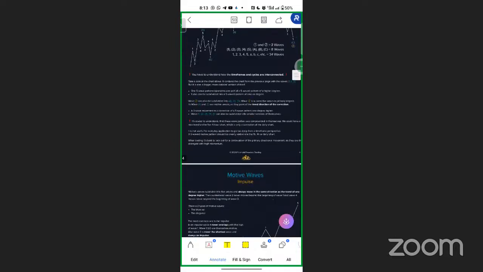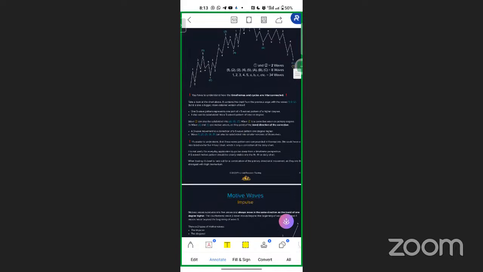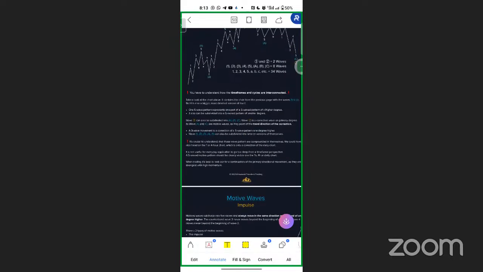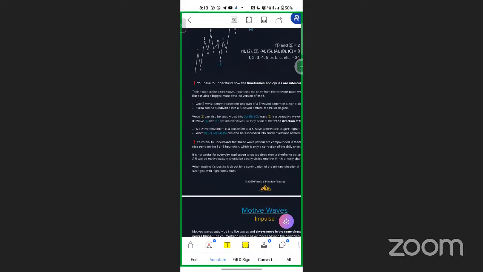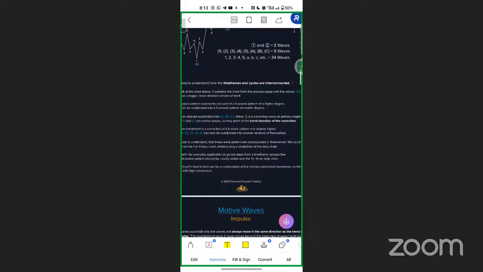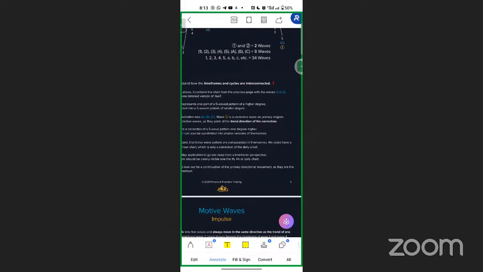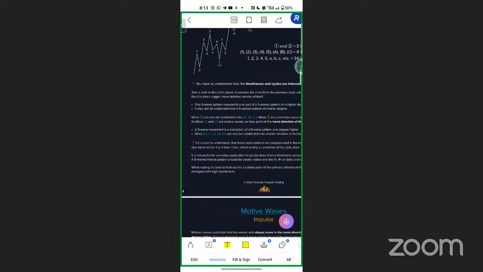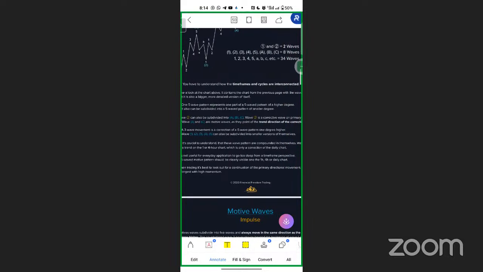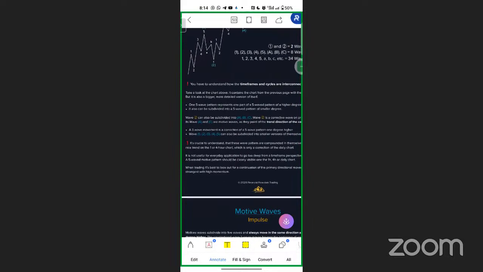I'm not going to go into all this, but I'll just read through. It is critical for you to understand that these wave patterns are compounded in themselves. We could have a nice trade chart in 1 hour or 4 hours, which is only a correction in the daily chart. So when you are using the Elliott wave, the 1 hour might be forming a motive wave.